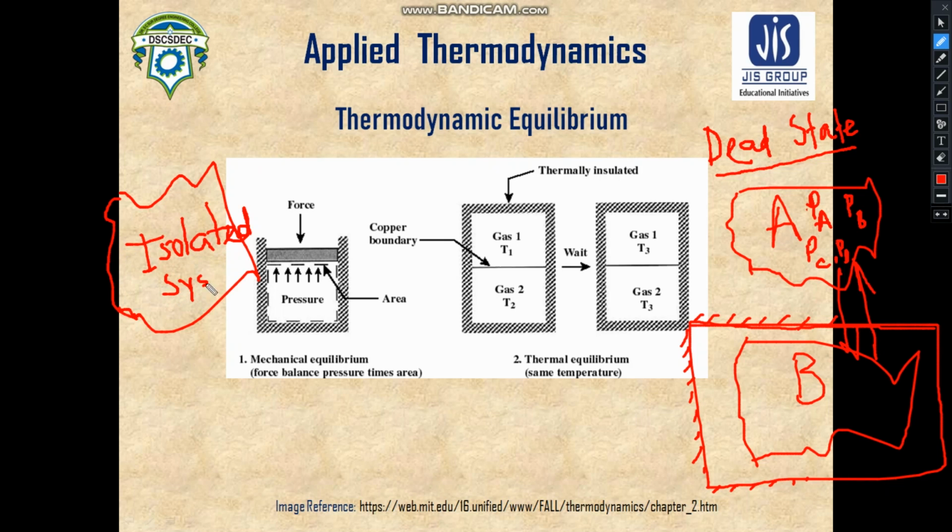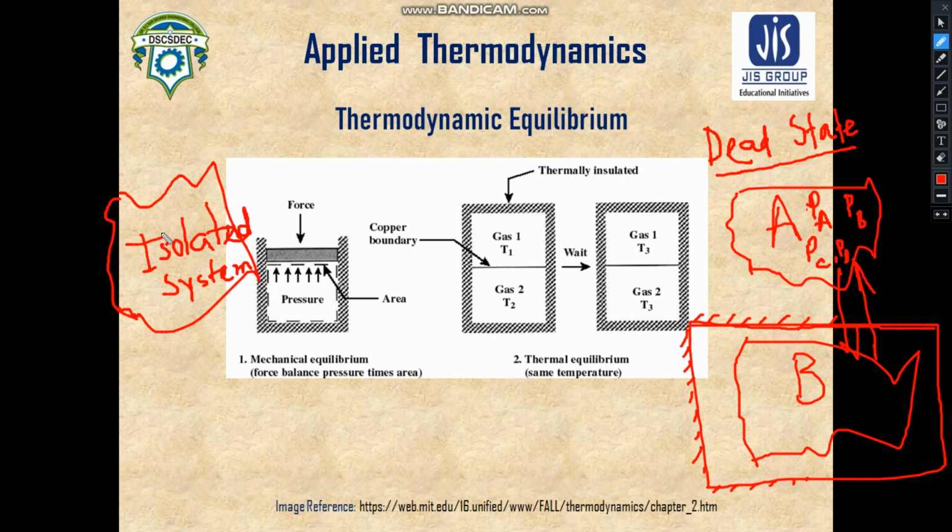I am mentioning why it has to be an isolated system. If a system doesn't permit any kind of energy interactions, an isolated system is the only example where no energy transfer or mass transfer is allowed.